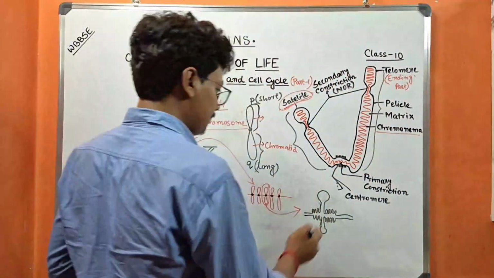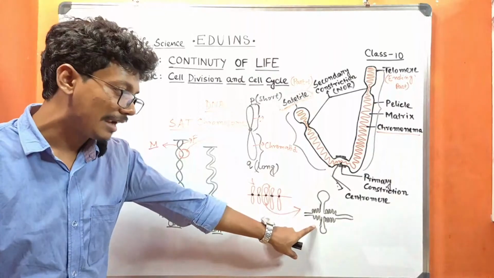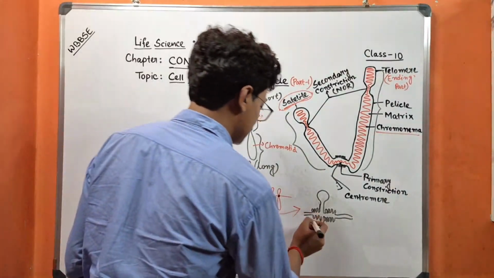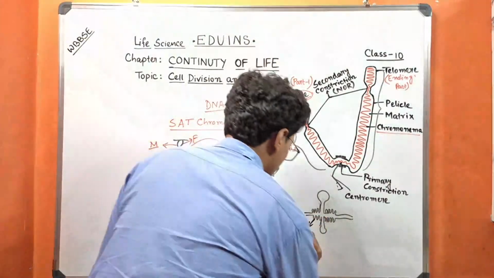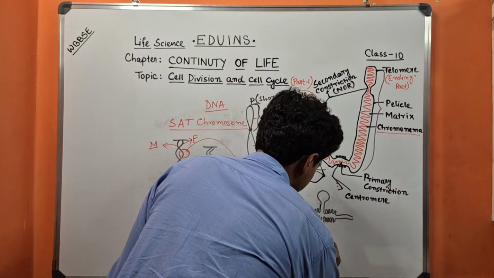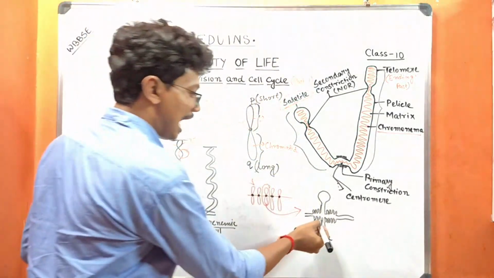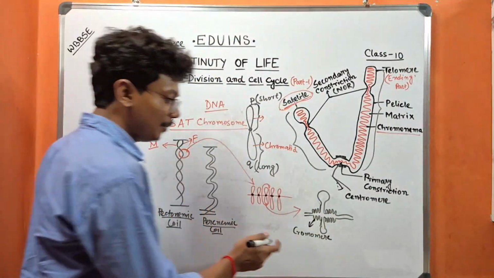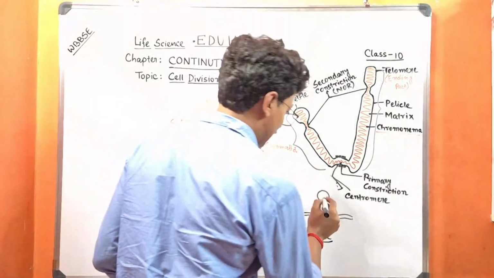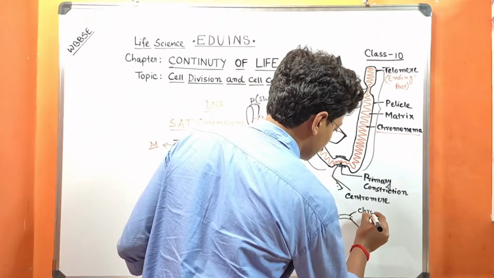So this is the magnified structure of this one part. This is known as chromomere. This highly condensed, backbone structure of the chromosome is known as chromomere, and this is the chromatid.